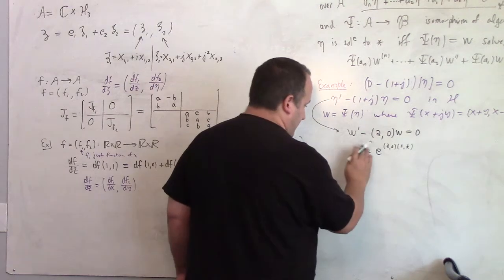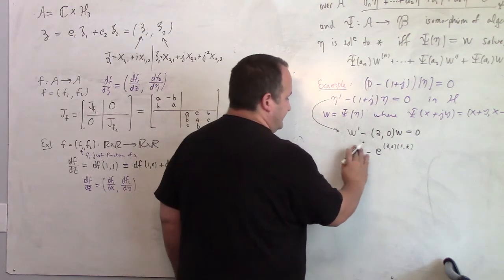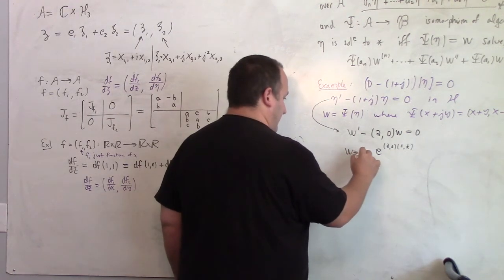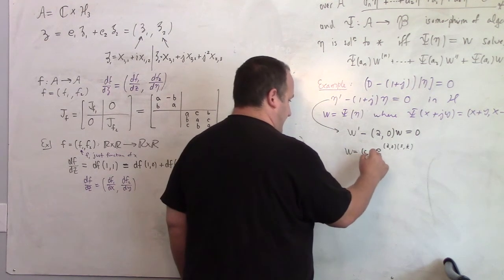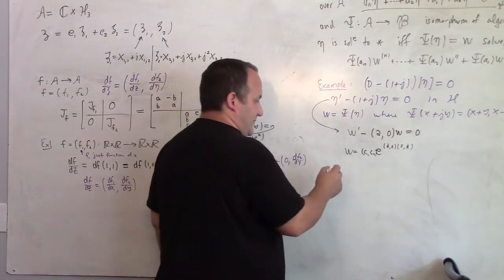It's C1, C2 constant here, because we're in the direct product algebra.